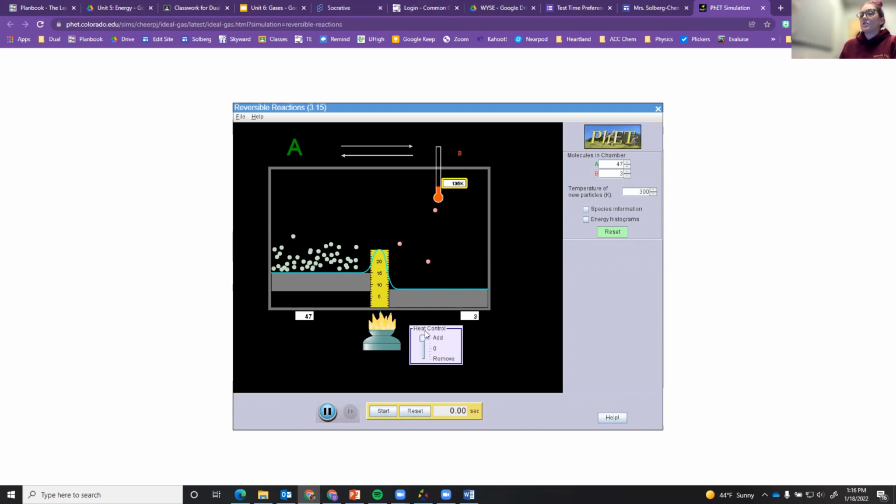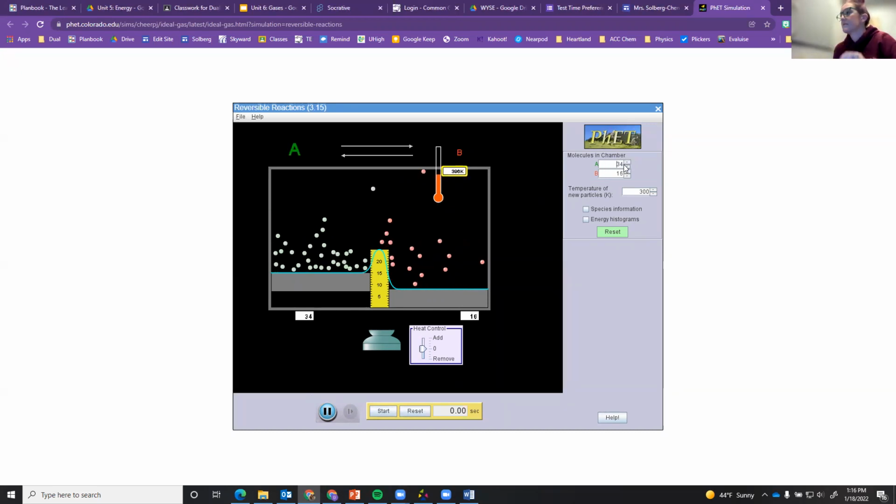Okay, if you change the temperature, you cause more collisions, and you might cause them to react more or go more toward the products. If I throw a bunch more in there, they're going to react, and then they're eventually going to reach equilibrium again, but everything is still always moving. They're still colliding.